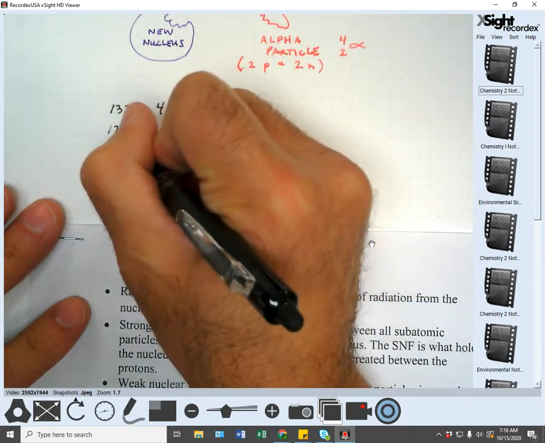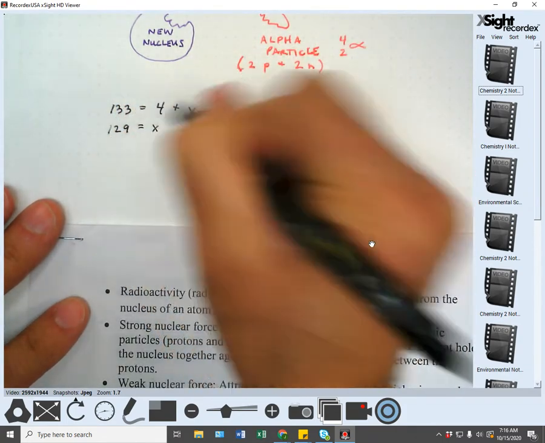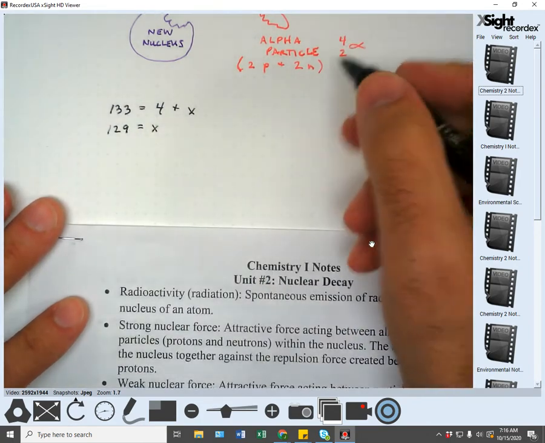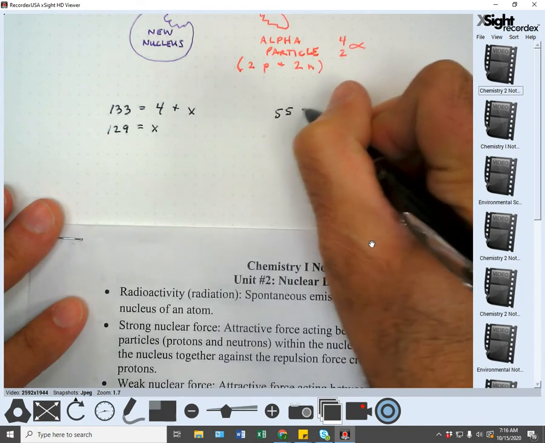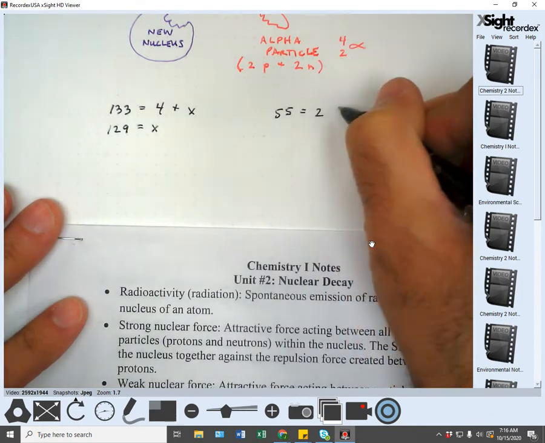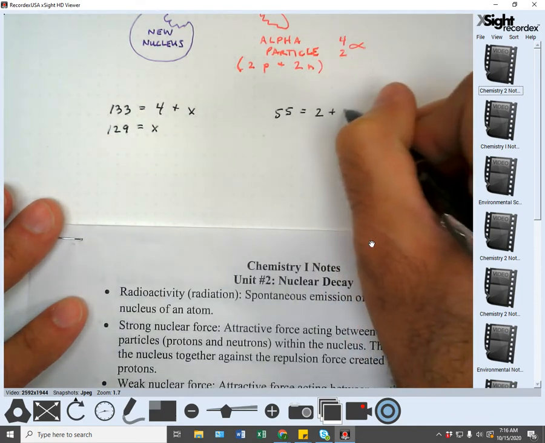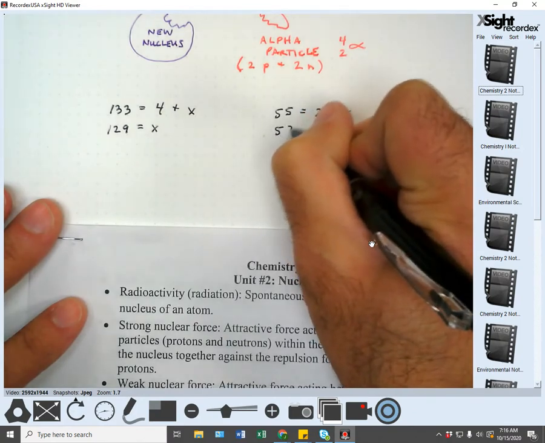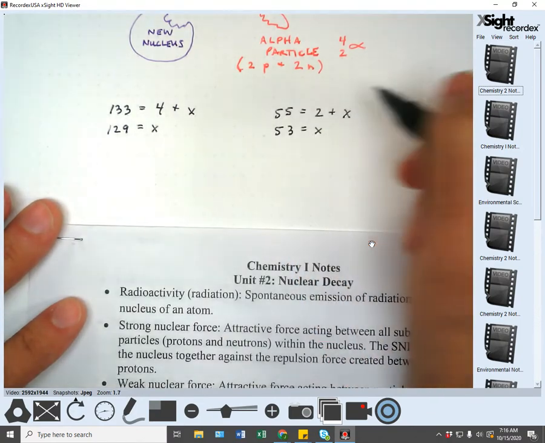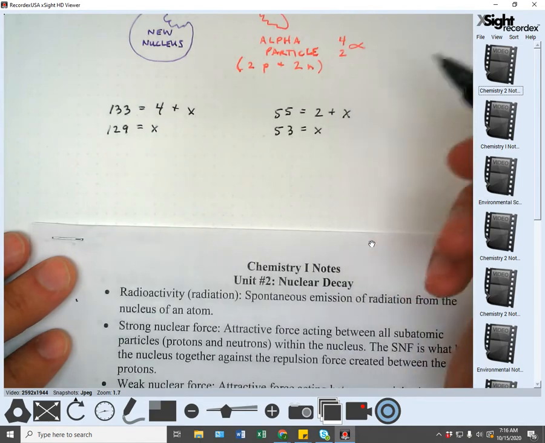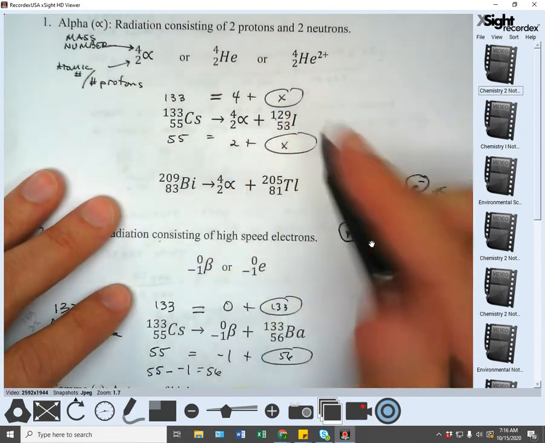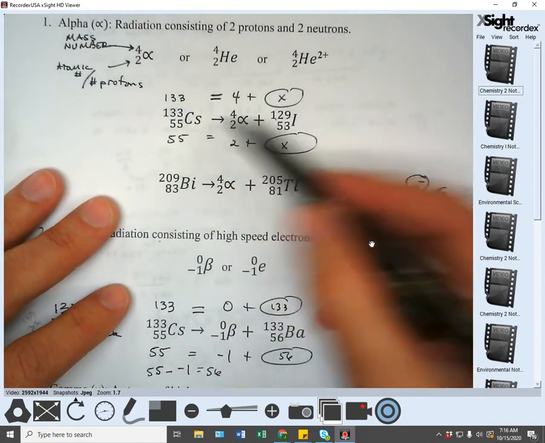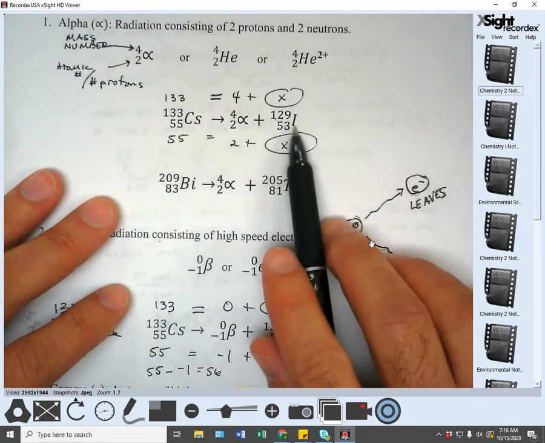So you'd get 129. And then the 55 is the same type of thing. 55 equals 2 plus x. So subtract 2 from both sides, you get 53. So what you have for your second part of this is 129 on the top, 53 on the bottom. How do you get the I?